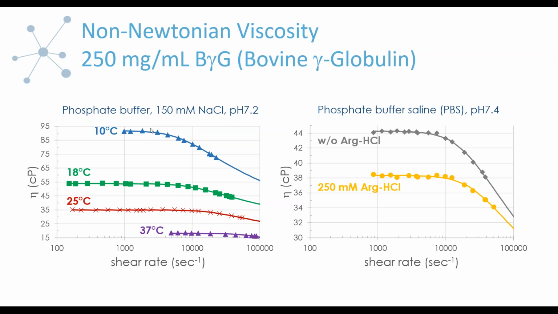We're looking at the temperature dependence. And on the right, what we have is a purchased phosphate buffered saline, where we have either left out arginine, so we have no excipient, or we've added in 250 millimolar arginine hydrochloride. So phosphate buffered saline alone, or with a moderate amount of arginine.